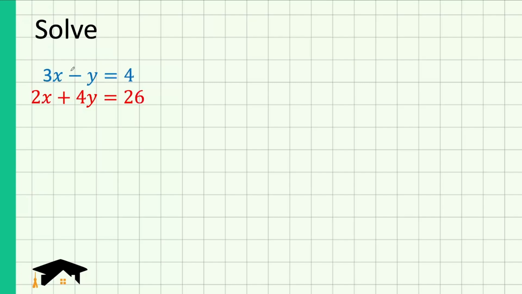Let's again focus on eliminating the y variable. But remember that if you choose to eliminate x, you can still reach the same solution. Let's name the equations 1 and 2. And again use the same method that we had.